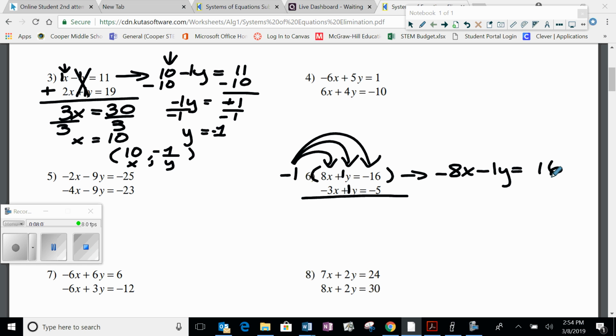Now, I do not need to do anything to the second equation for this problem. So I'm just going to move over my negative 3x plus 1y equals negative 5.